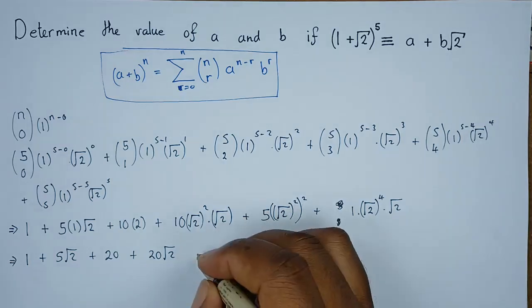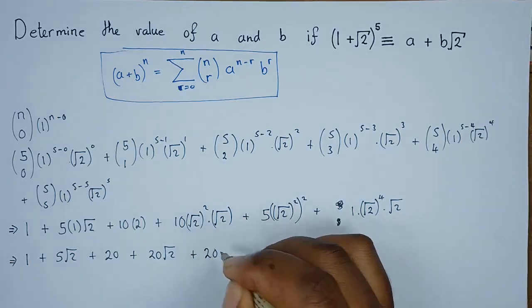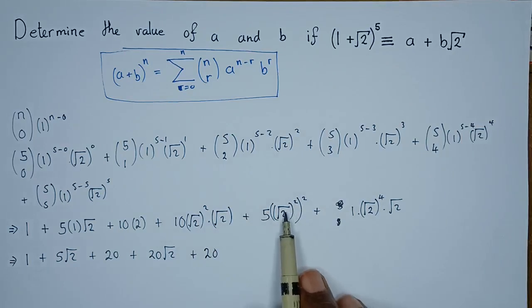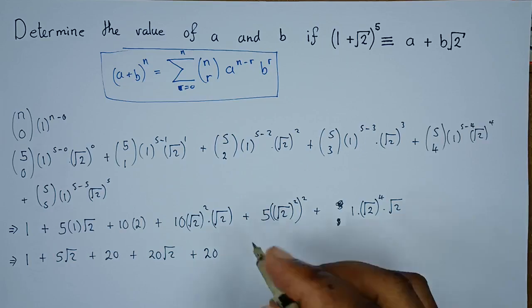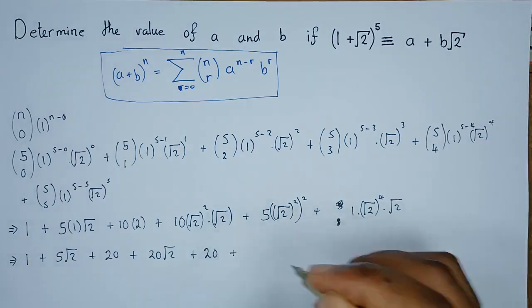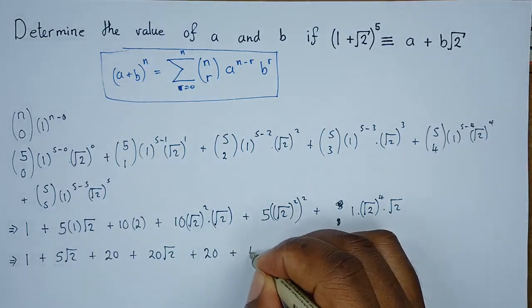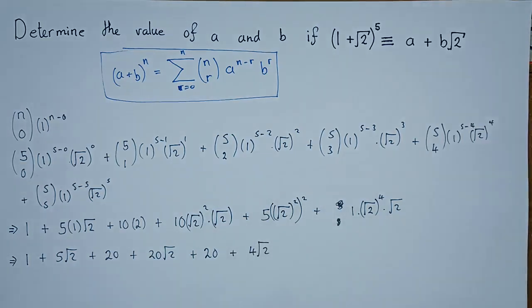So 4 times 5, that's another 20. So since root 2 raised to the power 4 is as good as 4, this means that this is a 4. 4 times this will simply give us 4 root 2. Okay, let's group like terms.